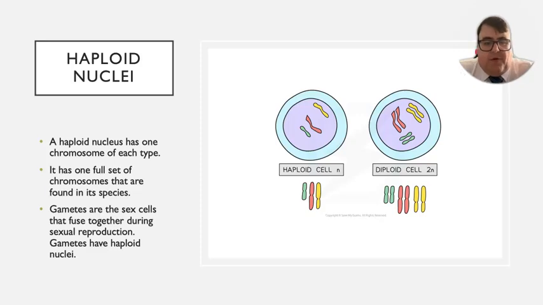Now, moving on a little bit more is the phrase haploid and diploid. A haploid nucleus, such as your eggs or sperm, is known as haploid. They only have 1 chromosome of each type. So if we're talking about sperm and egg in humans, they only have 23 chromosomes total. They don't have 23 pairs, just 23 chromosomes.